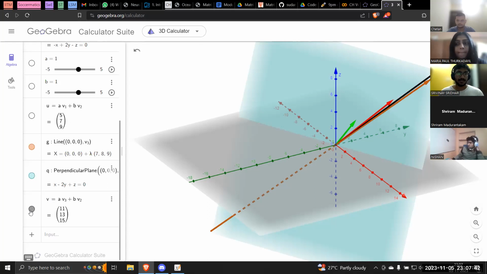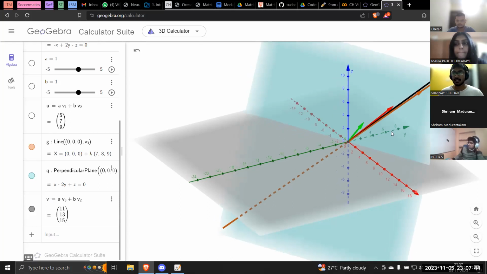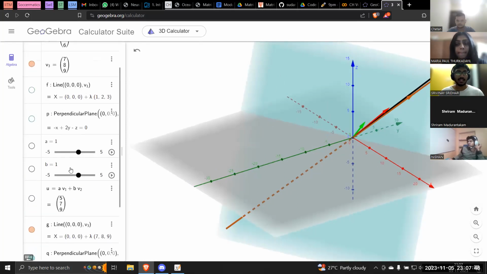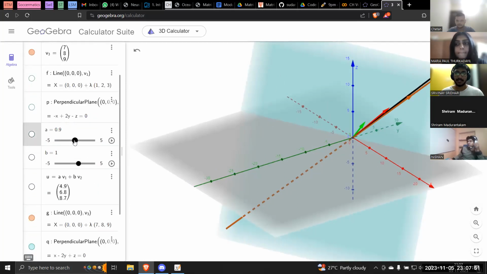So this black vector is what is manufactured by Chetan's solution and Nishan's solution. And by varying A, I can get closer and closer to the green point.